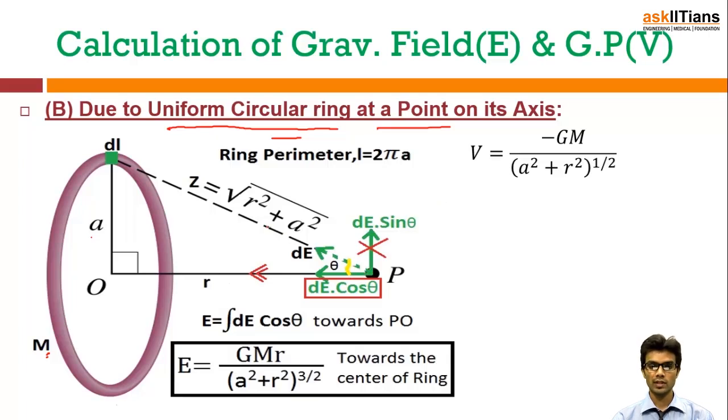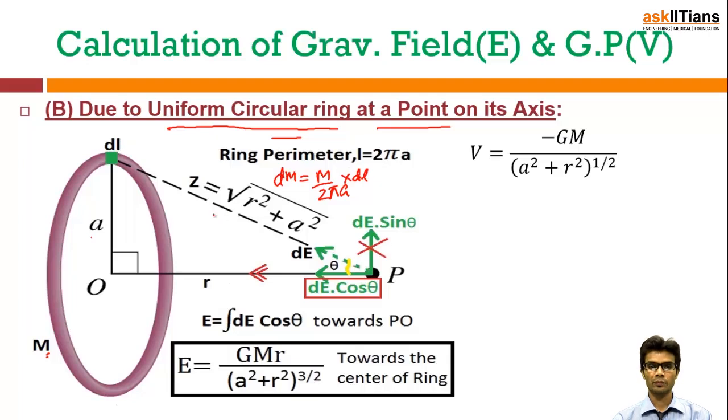Now we know that since m is the mass of the uniform circular ring, the mass per unit length is m divided by 2 pi a, so dm is equal to m divided by 2 pi a into dl. This is the mass for dl length.